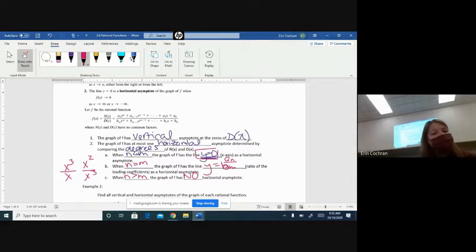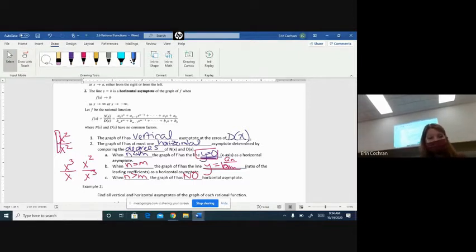If we had x squared over x squared, we will have a horizontal asymptote at the leading coefficient of the numerator over the leading coefficient of my denominator. What are my leading coefficients of both of these? 1. So it'd just be y equals 1. So that x-axis actually shifted up 1 unit. Does that make sense?